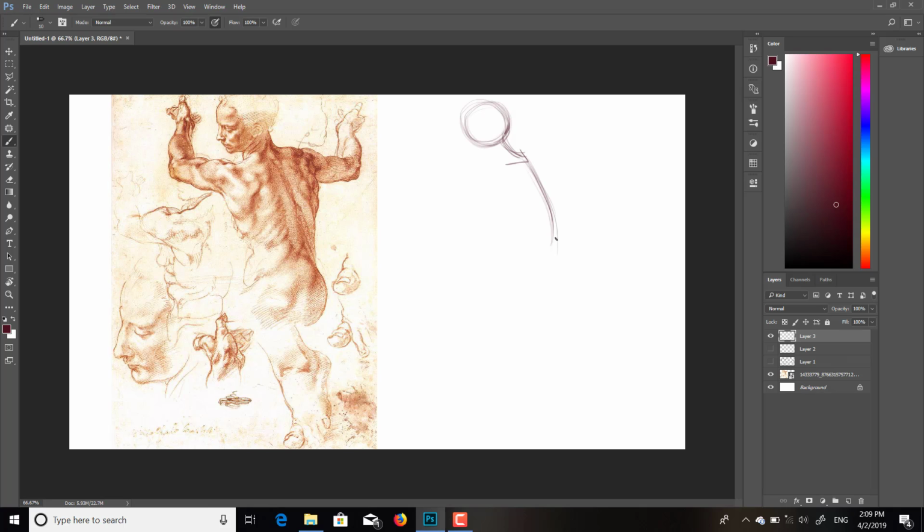Okay, that's it. Let's make it a little bit here. Okay. So the next part was showing the movement of torso.